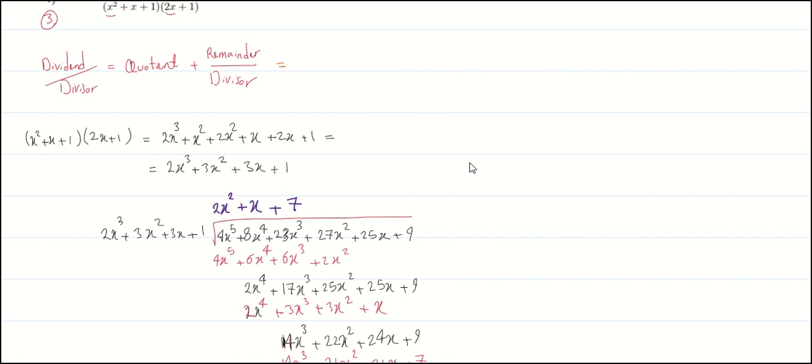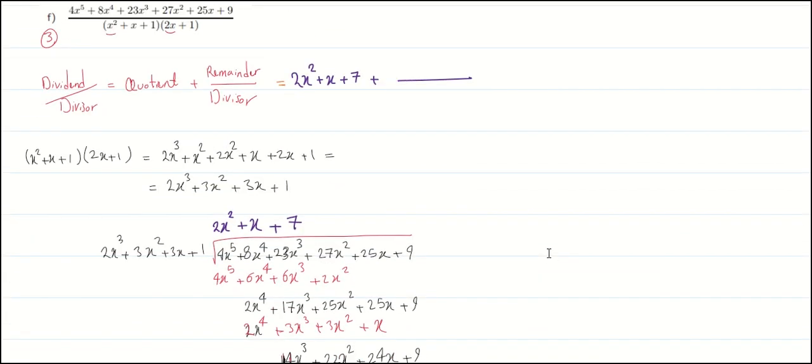So our quotient is equal to 2x squared plus x plus 7, plus our remainder, which we got at the bottom, which is x squared plus 3x plus 2, over our divisor, which we already got, which is x squared plus x plus 1 times 2x plus 1.